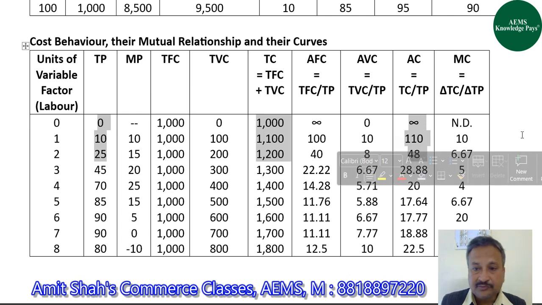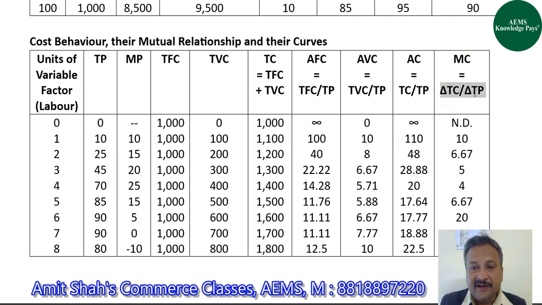Am I clear? Marginal cost is change in TC divided by change in TP. For the first level, we cannot calculate marginal cost, because this is the very initial stage of production where we do not have any labor and thereby we do not have any output. So we cannot determine this. But from the next level, we can calculate. TC is changing by 100. Earlier it was 1000, now it has become 1100. So change in TC divided by change in TP, and change in TP is MP, that is 10, right?